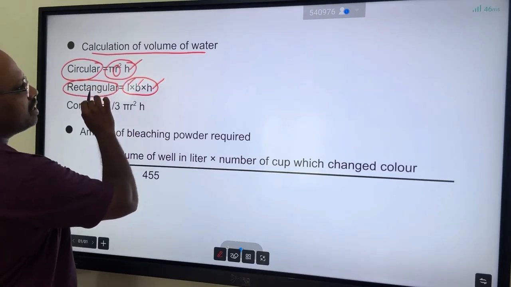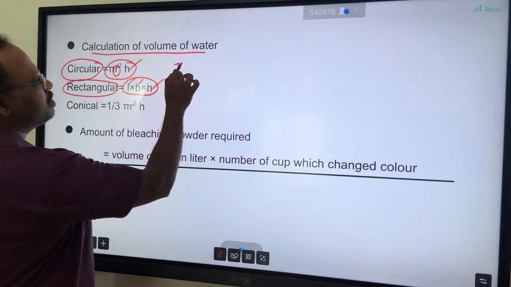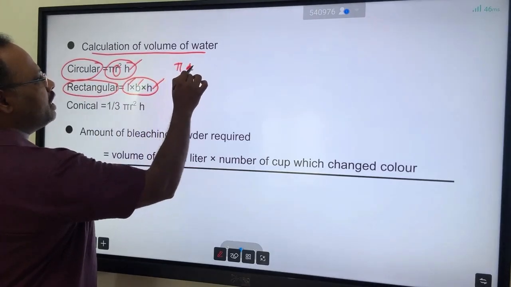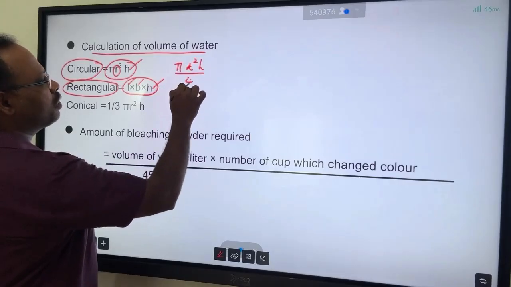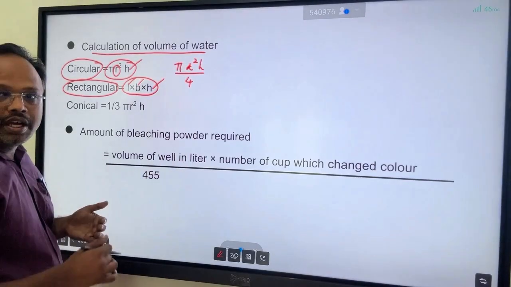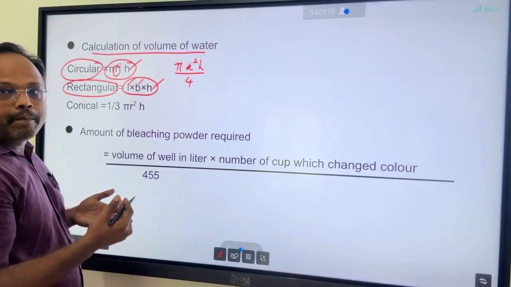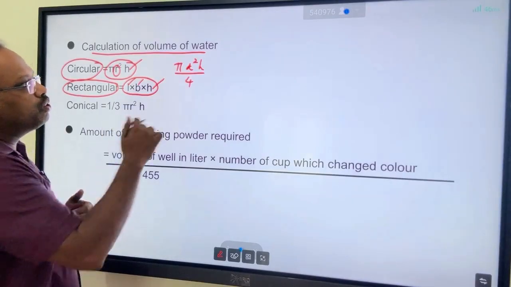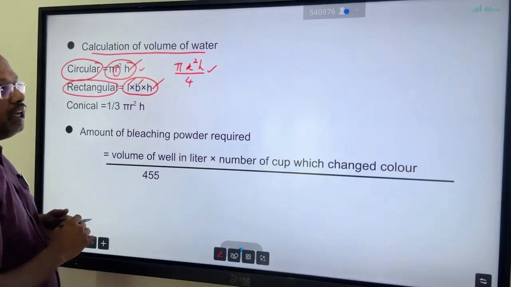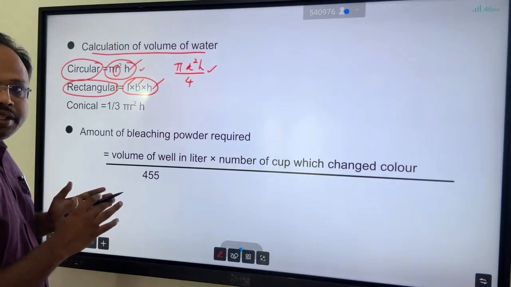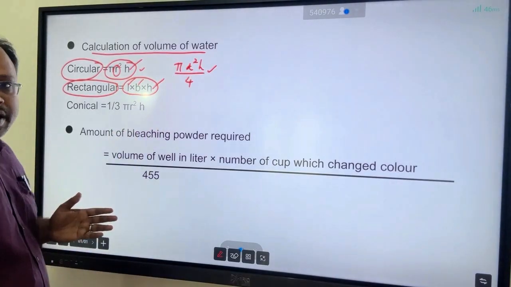Sometimes for cylindrical wells, people use pi d square h divided by 4. Instead of taking out the radius, people use this formula also, but I would prefer the radius one in order to avoid the division at the end.